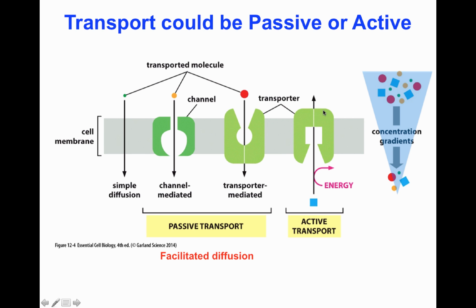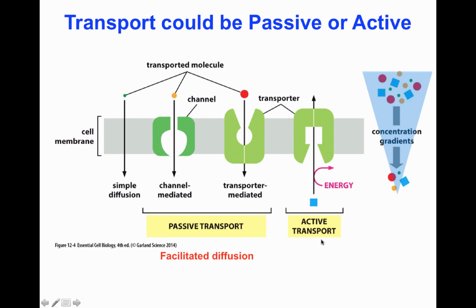So, to conclude, we have molecules that can diffuse on their own through the membrane, but we have other molecules which undergo facilitated diffusion because proteins are helping them go across the membrane through passive transport because they're going along their concentration gradient.